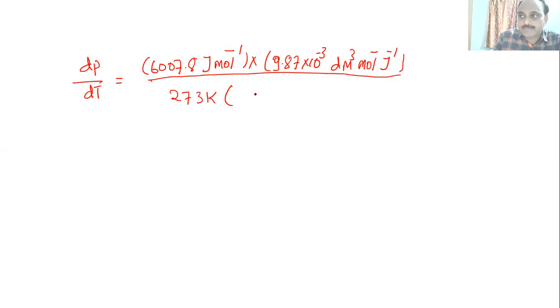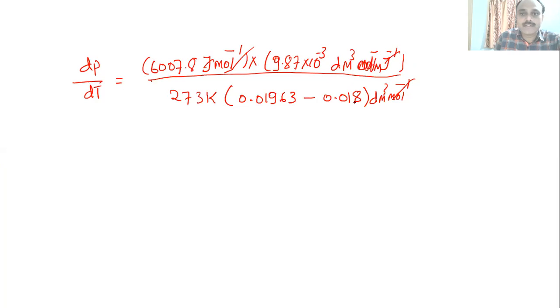VS, that is how much? VS is 0.01963, right? Minus 0.018 dm cube per mole. Now this is dm cube atmosphere, I'm sorry, and this per mole gets cancelled, and this joule and this per joule gets cancelled.